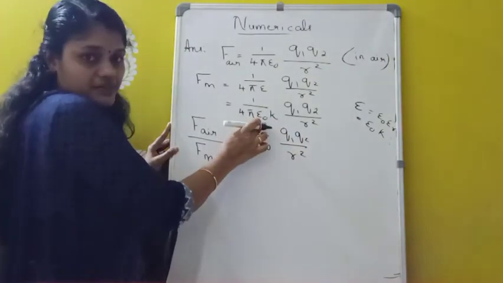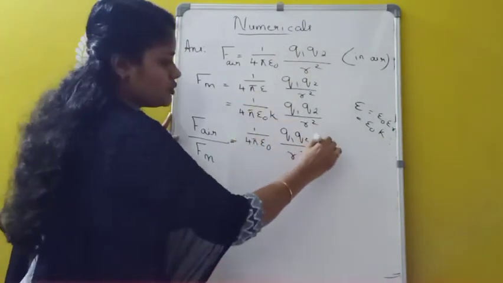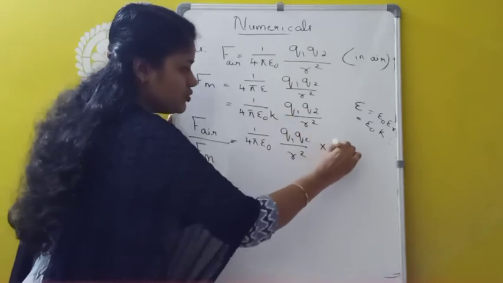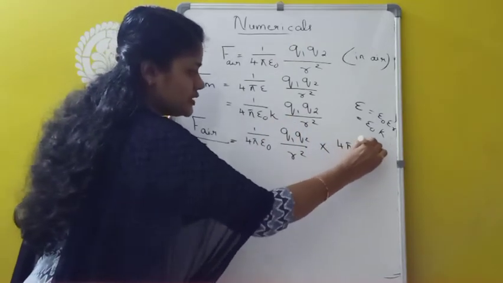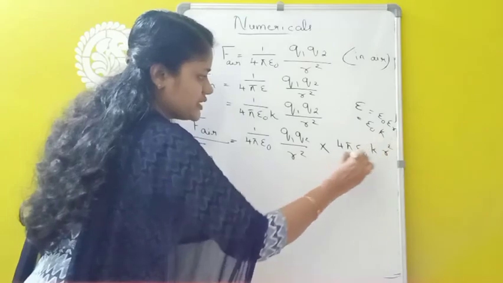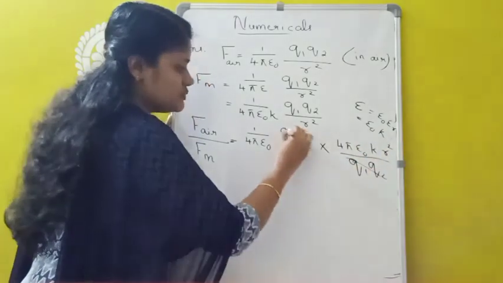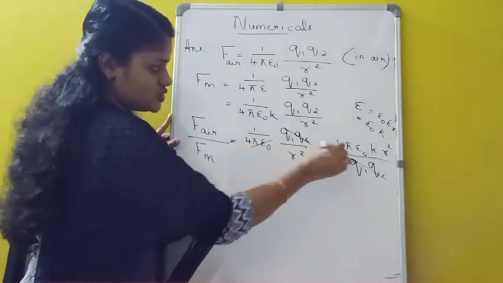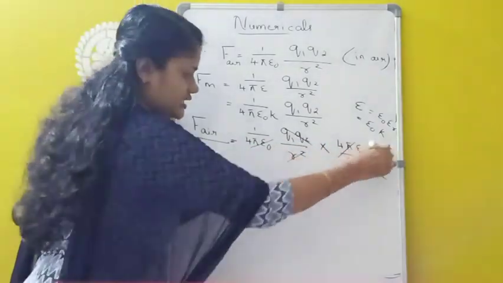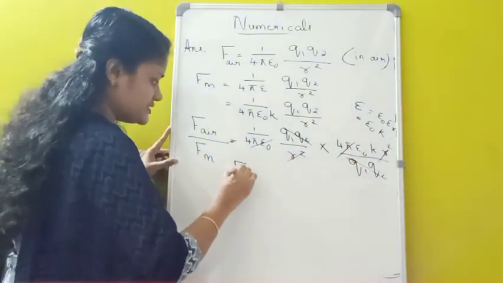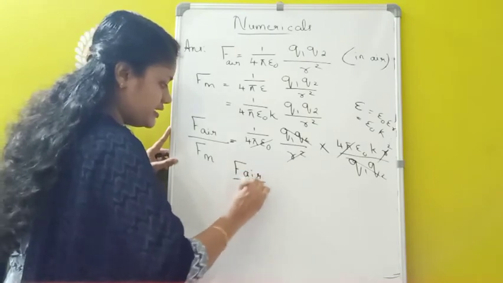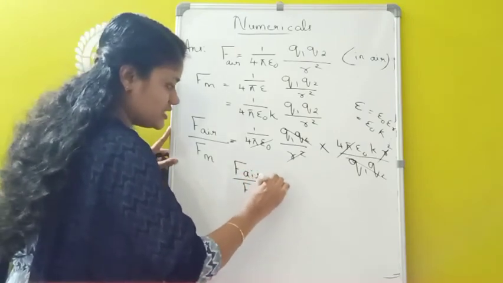And this one I am dividing, which means I have to multiply by the reciprocal, that means into 4 pi epsilon 0 K into R square divided by Q1 Q2. So 4 pi epsilon 0 and R square cancel, and remaining we get F air by F medium equals the dielectric constant K.